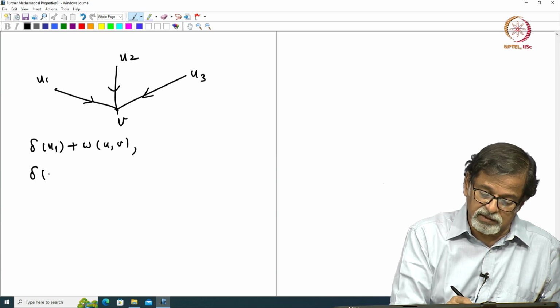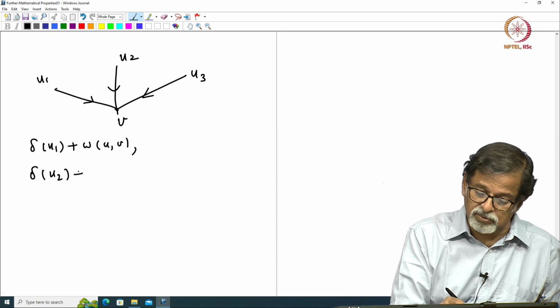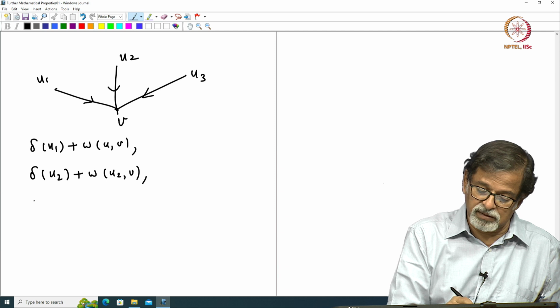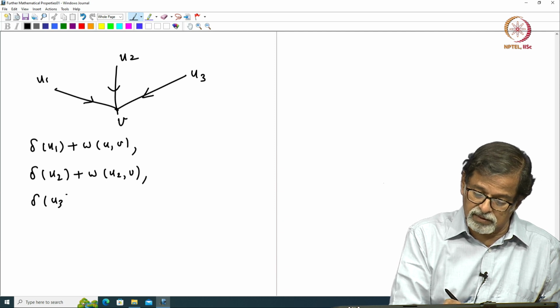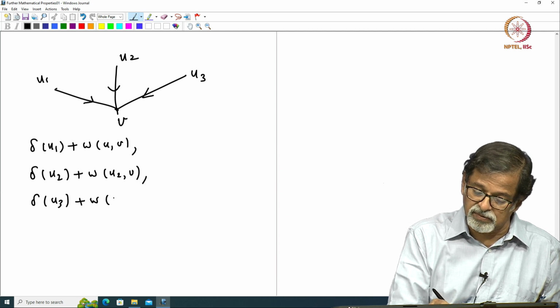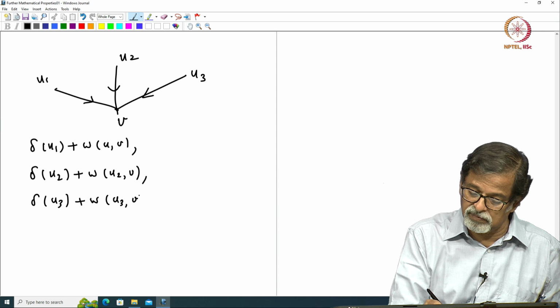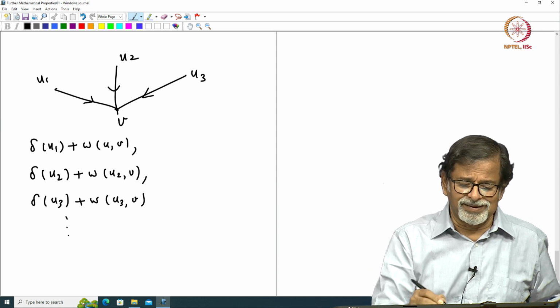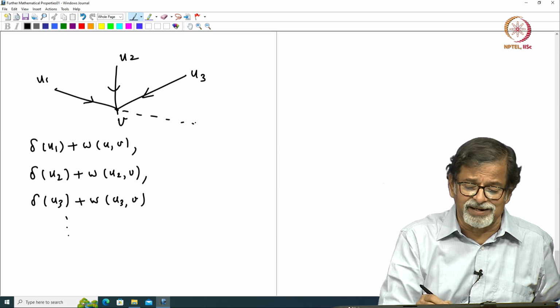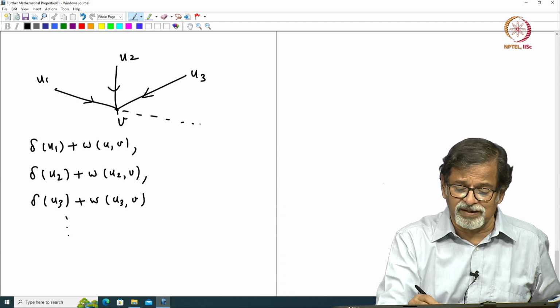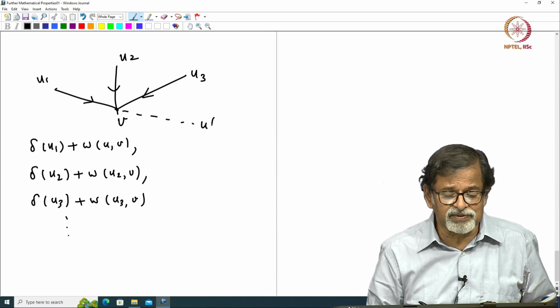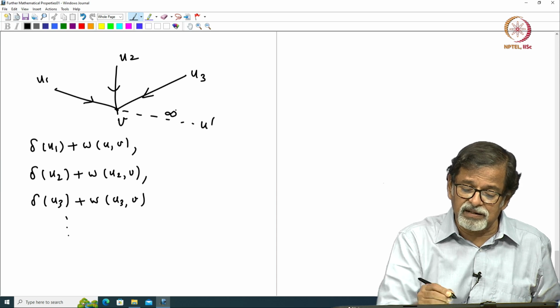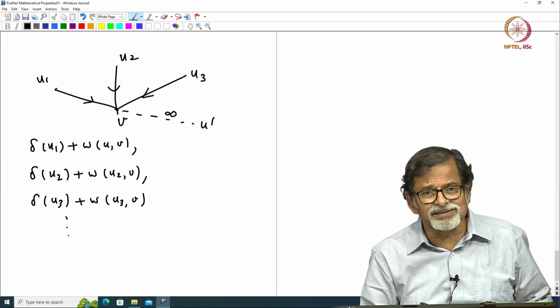Compute this, delta u2 plus weight of u2 v and delta u3 plus weight of u3 v and so on. Okay. If an edge is not there from a vertex u dash, this is anyway given infinity.